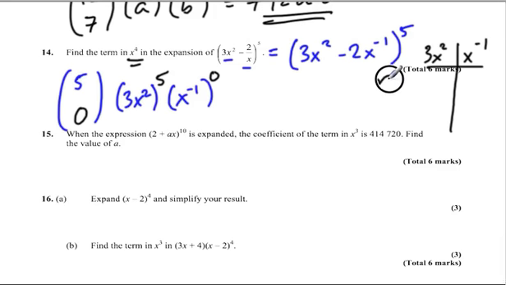In other words, if r equals 0, then x squared to the power of 5, so 2 times 5, is going to be 10, whereas negative 1 times 0 is going to be 0. Now 10 plus 0 is not 4 as we want, so this doesn't work. Let's try r equals 1.